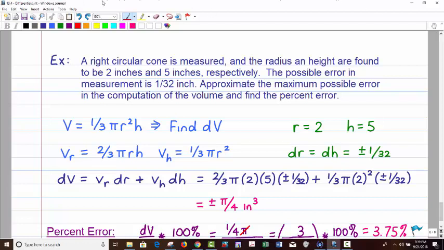So once again, you would be given a formula like this, and then it's up to you to get the derivatives from there. So V_r would be, bringing the 2 down, 2/3 pi r h. And then V_h, the derivative with respect to h, would be 1/3 pi r squared. R is 2, h is 5. dr and dh are both plus or minus 1/32.